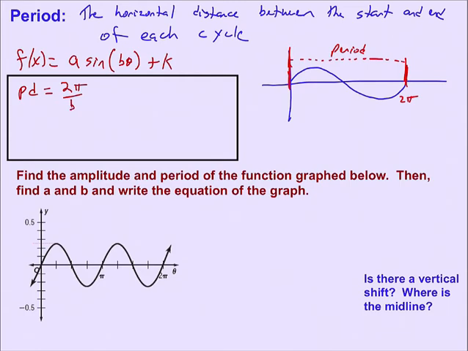Remember when we've been doing our transformations all year long, when there's a b, we know to divide the x values by b? It's the same idea here. We're dividing by that b. By the way, if we happen to be working in degrees, we would just replace that 2 pi with 360 degrees.